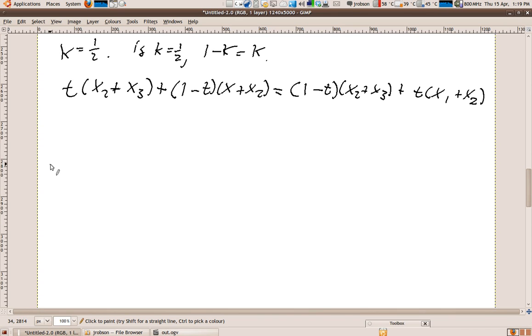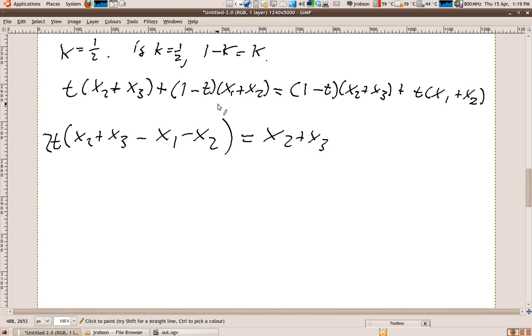Okay, this rearranges. We're going to try and put the t's all on one side, so t times 2 times x2 plus x3 minus x1 minus x2 equals x2 plus x3 minus x1 minus x2.